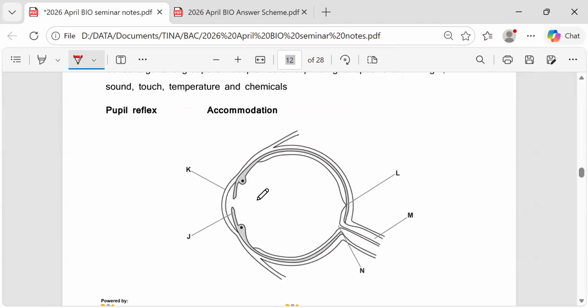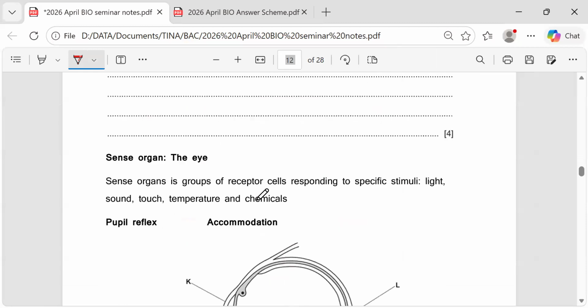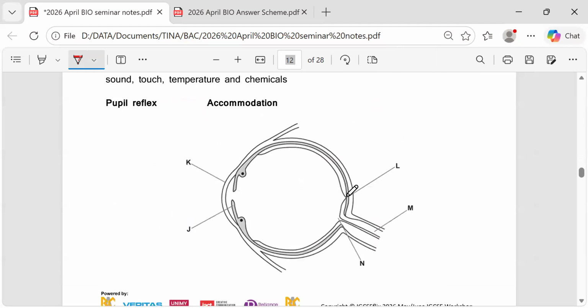This is an eye. Can you remember everything? I remember the structure, of course. K is the cornea, J is the iris, and here is the pupil. The lens is not even drawn here. The lens is here. This is the fovea. This is the optic nerve. This is the blind spot.